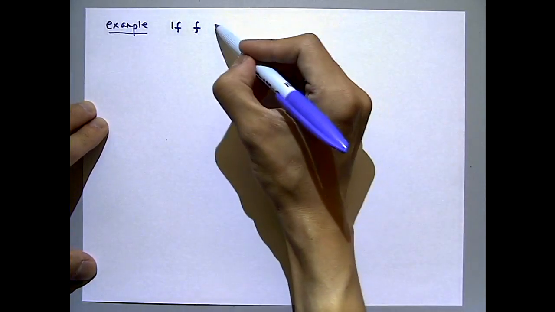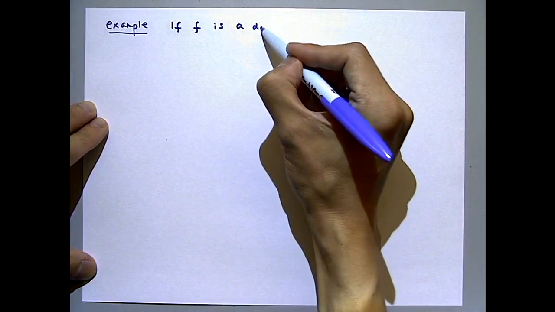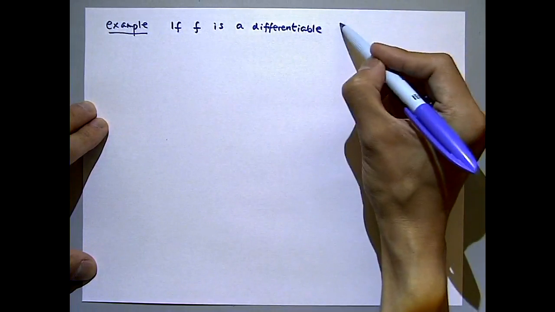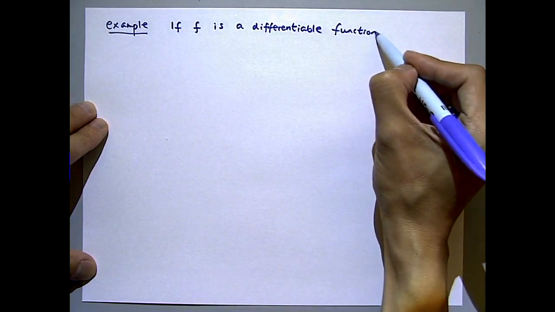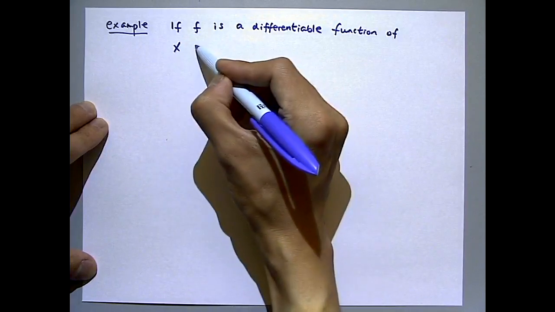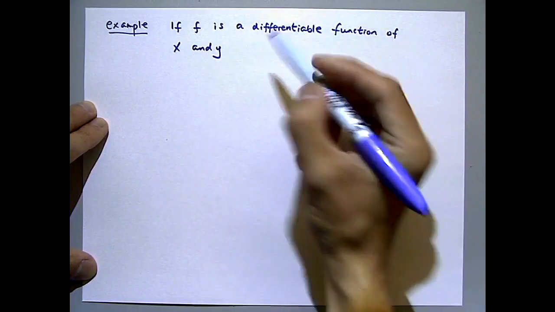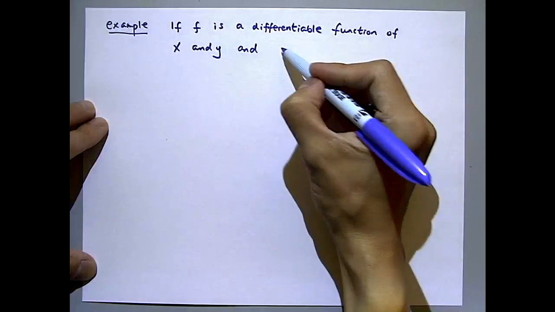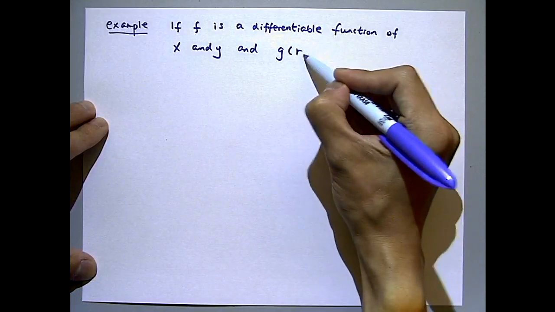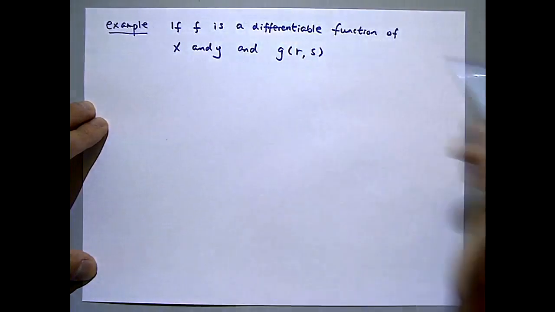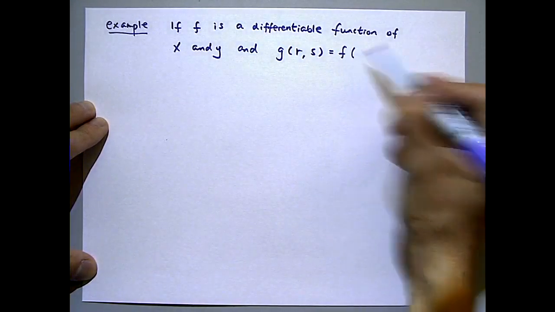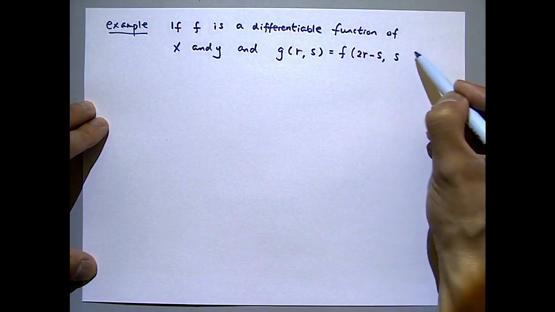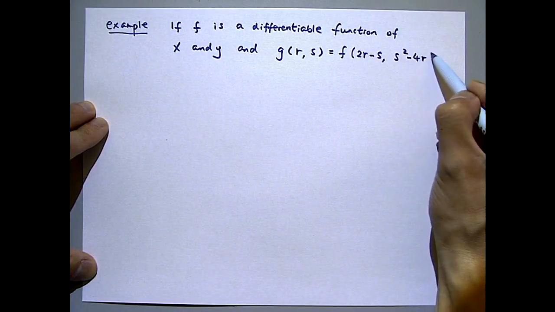Let's say that f is a differentiable function of x and y, and there's another function g that depends on another 2 variables, r and s, and is the same as f of these 2 things.